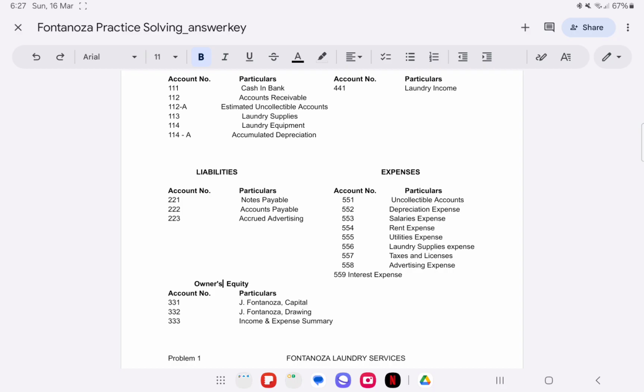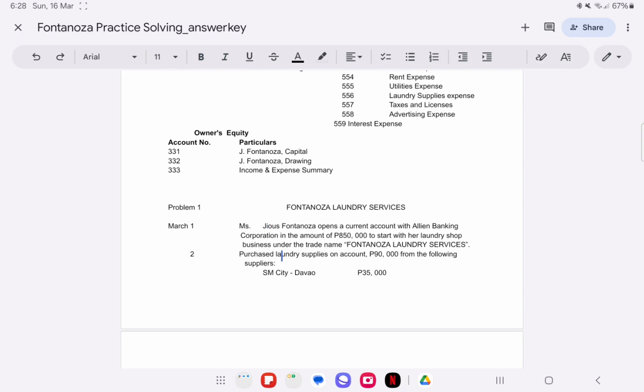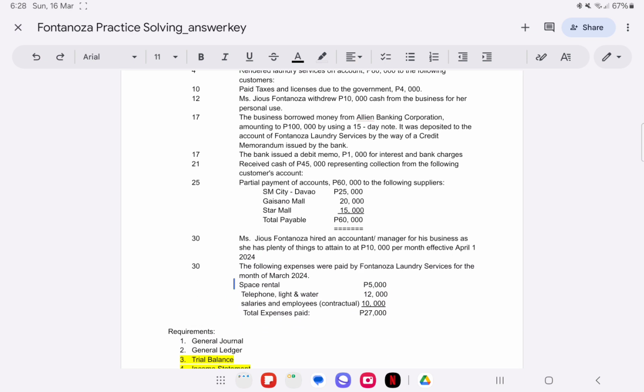So we have the following transactions of Fontanoza Laundry Services. It started on March 1, and here are the transactions until March 30.